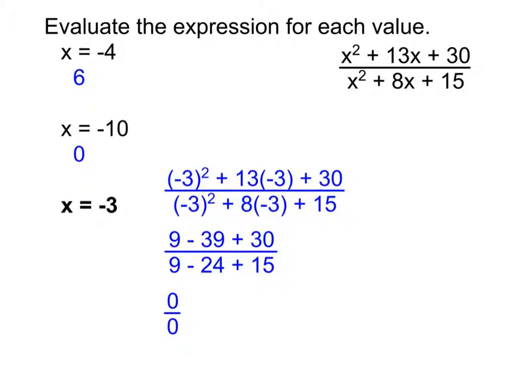0 over 0 is considered to be undefined, because anytime you have something divided by 0, it's considered to be undefined. So for this value, there is no value. And basically this idea right here, that some of our answers will be undefined, is the theme for today's work.